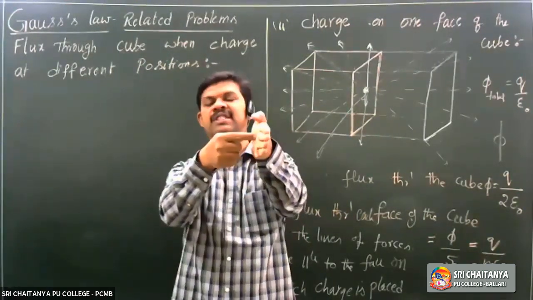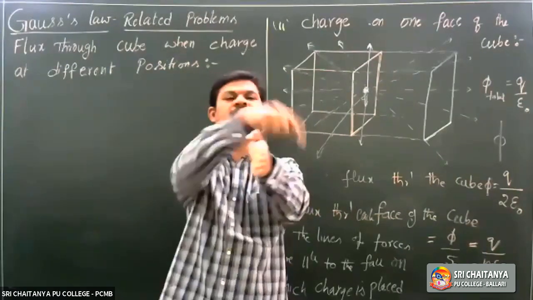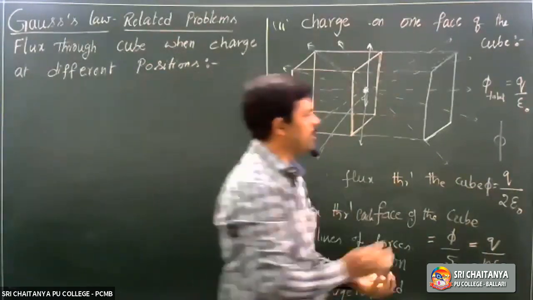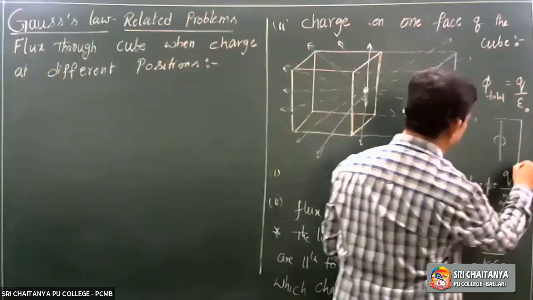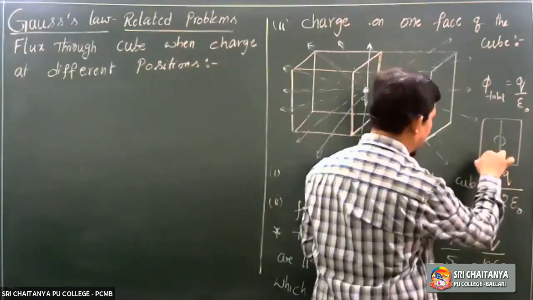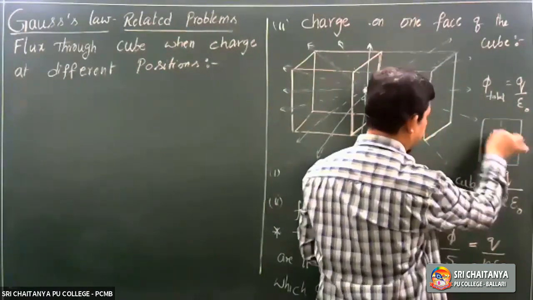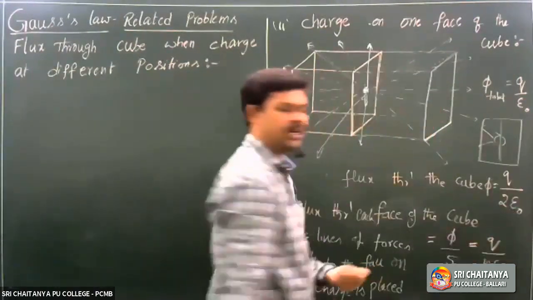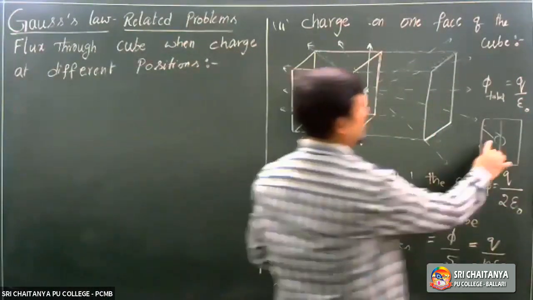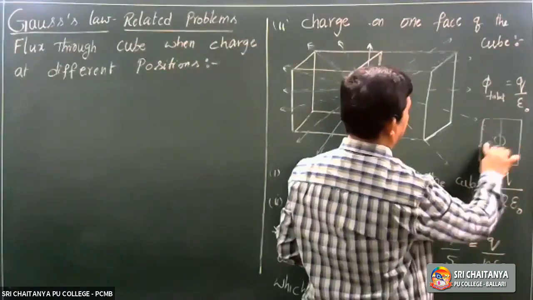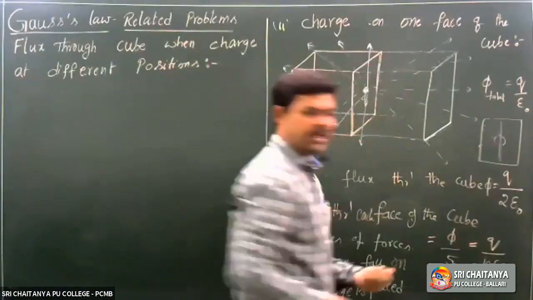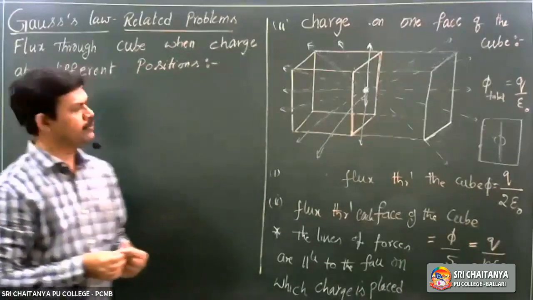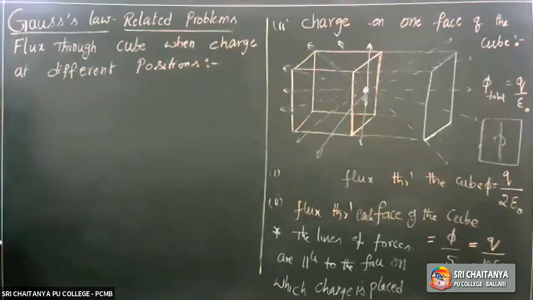So whenever I place the charge on this, it is shared by 2 cubes. You remember this. When it is placed on the face, flux is shared by 2. That is why q by 2 epsilon naught, like that. As a shortcut, you can remember it. Now, next position.